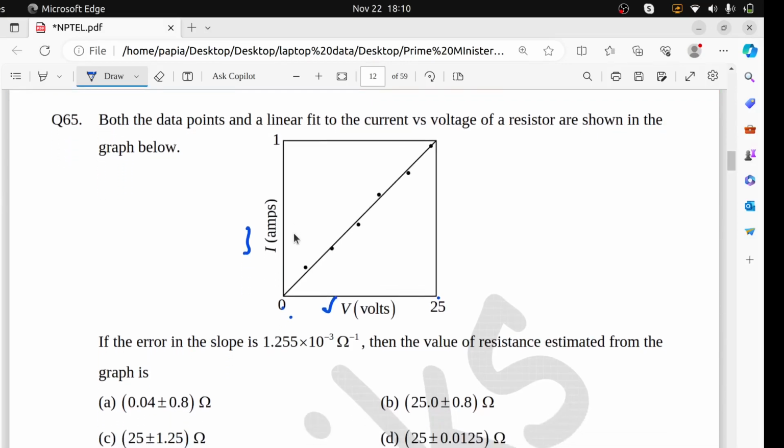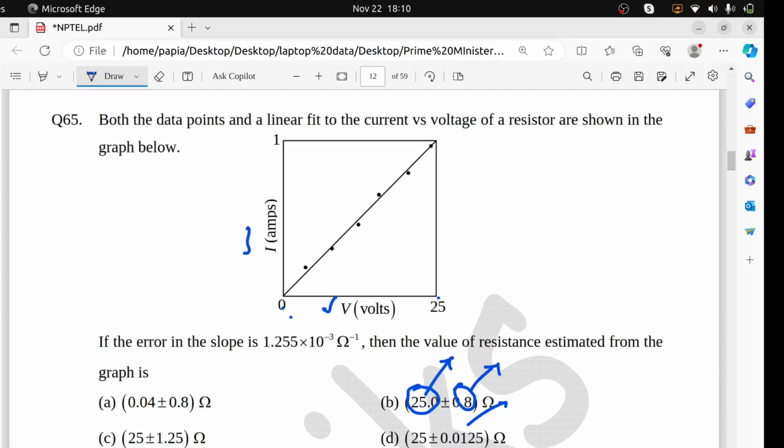First of all, I can tell you one thing. In the options, you can see there is a number and then a plus-minus value, meaning there is some error, right? The second portion will be the error, and the first portion will be the actual value.